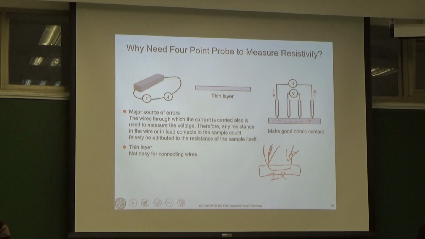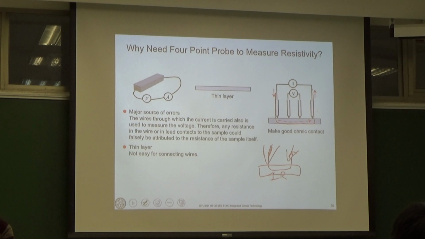So we need 4 probes to do this measurement. For example, on these outer 2 probes, we can force the current, and this current will flow through to form a loop like this, and we use the inner 2 probes to measure the voltage difference.